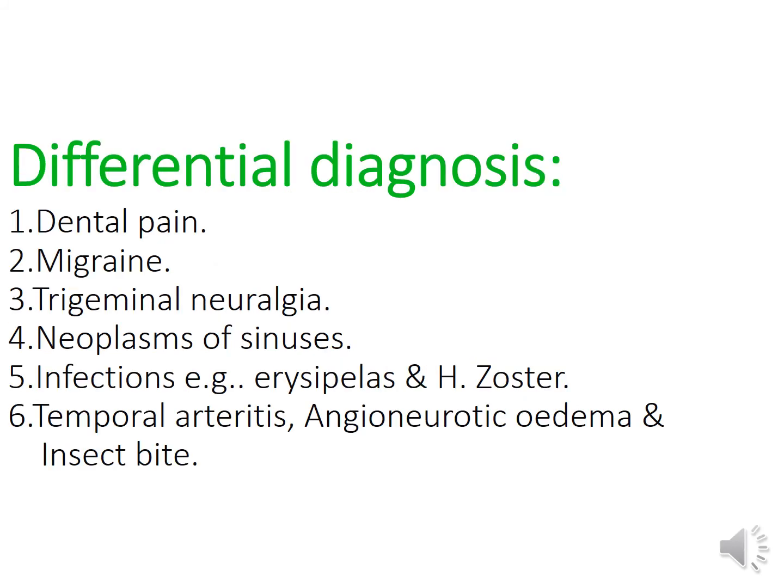Differential diagnosis: other diseases causing pain or other symptoms of the sinus can be differentiated from acute sinusitis, like dental pain. Here the pain is either local at the origin of the tooth, or it can be felt in the maxillary sinus in case of the upper jaw.